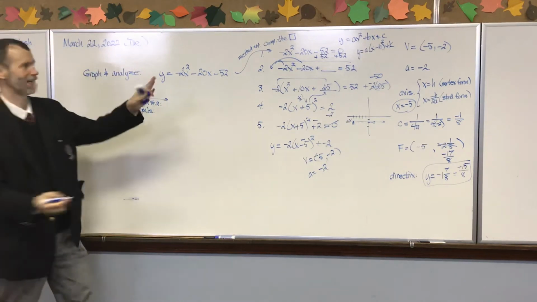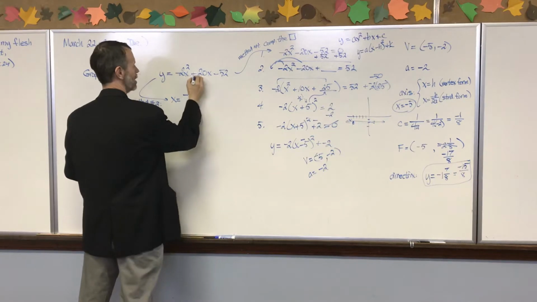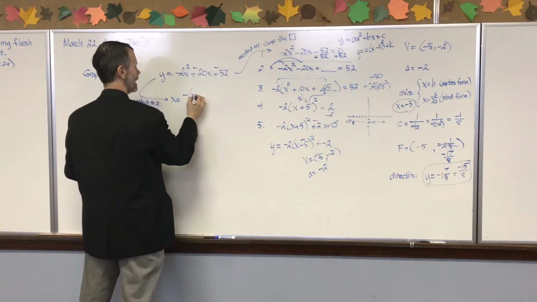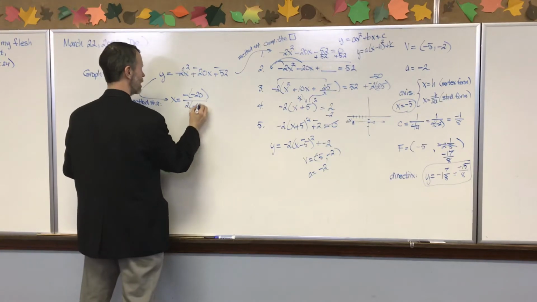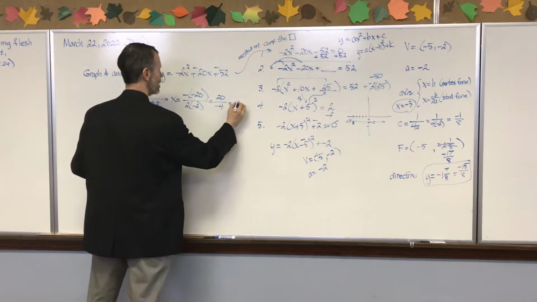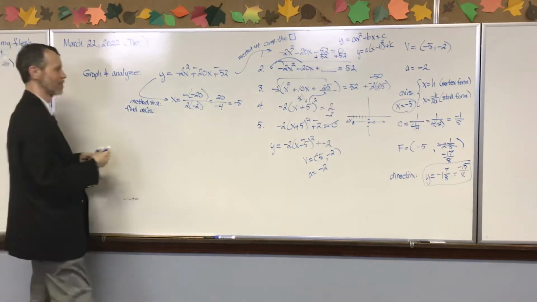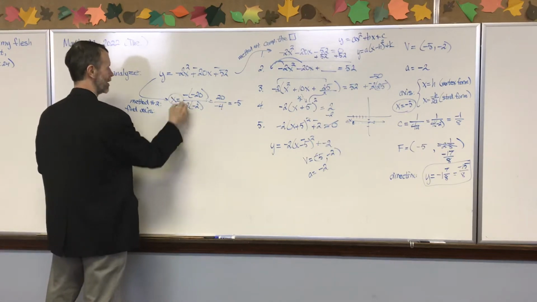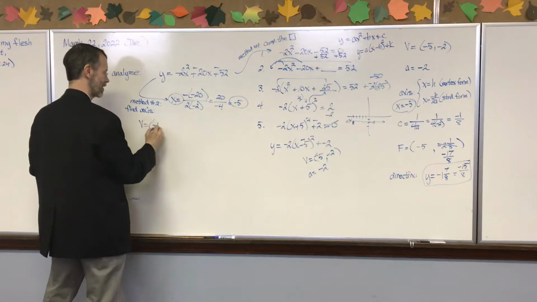X equals -b over 2a, so this is +20 over -4, which is -5. So the axis is x equals -5. That means that the vertex is (-5, something).